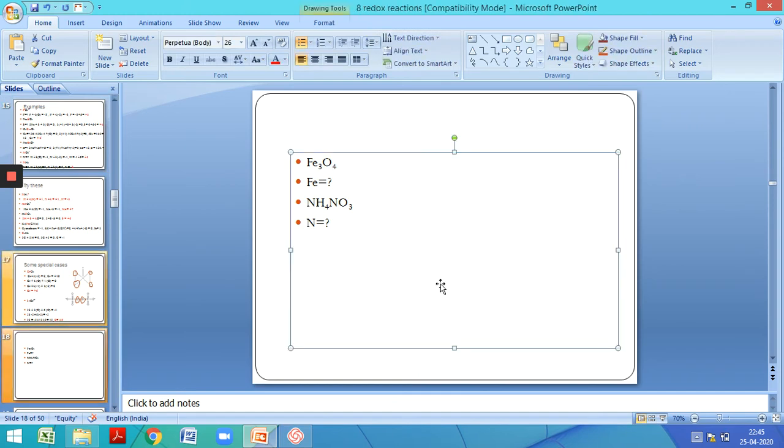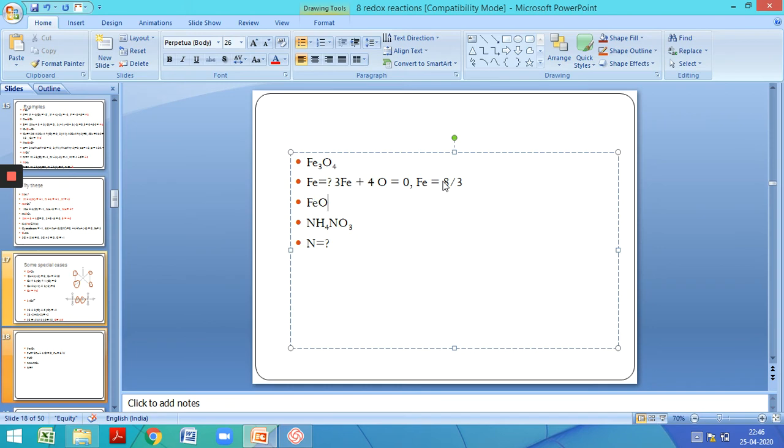Two more examples. Fe3O4: find out the oxidation number of iron. If you use the normal method, this will be 3Fe plus 4O is equal to 0, and each iron will have an oxidation number of 8 by 3. That's not the case. Fe3O4 is a mixed oxide.